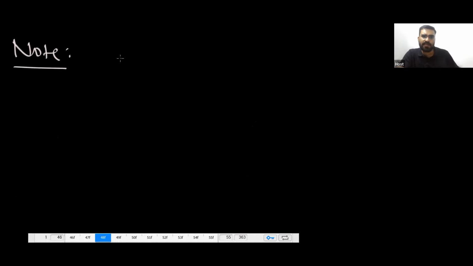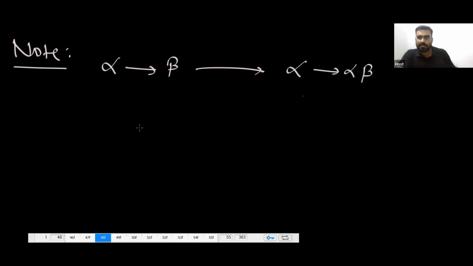If alpha can determine beta, then I can say that alpha can determine alpha beta. Yes or no? For example, if A can determine B, then A can determine A, which is trivial.